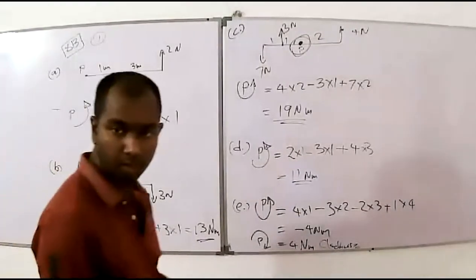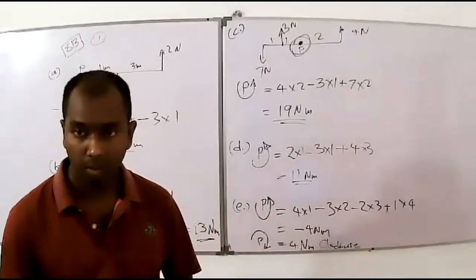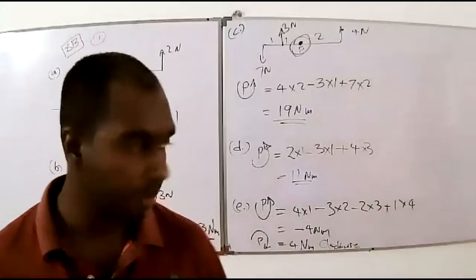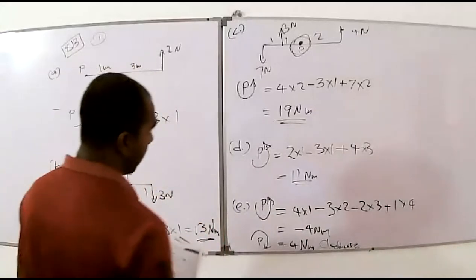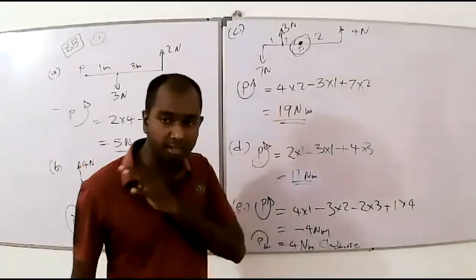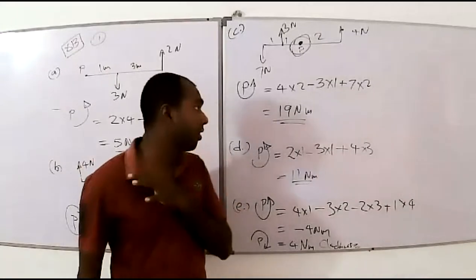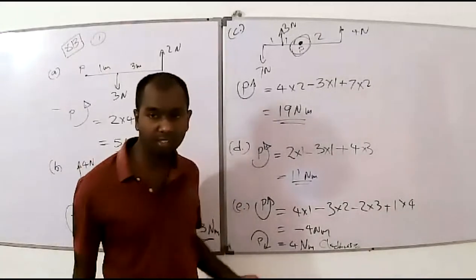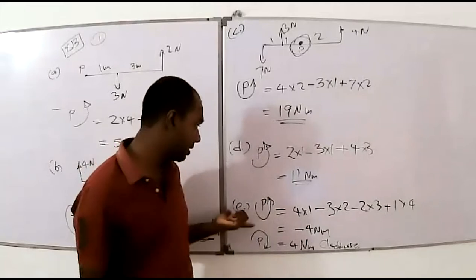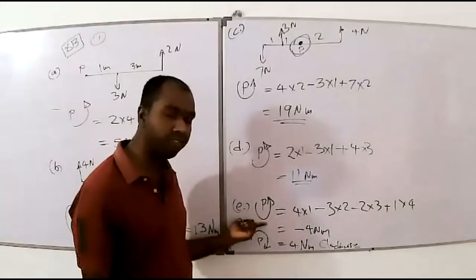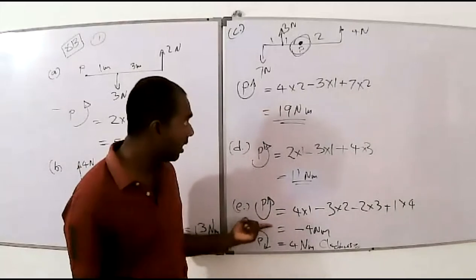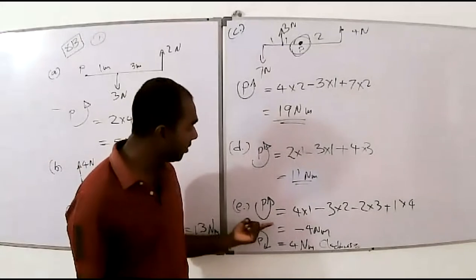E. Plus and minus signs change according to what? According to the direction I am trying to take. You don't need to do it the same way. Think, I am going to do this.